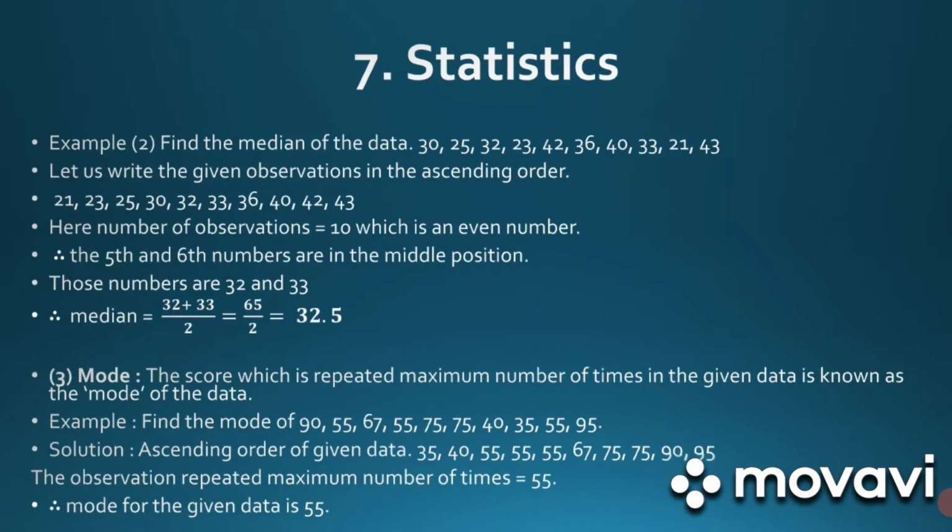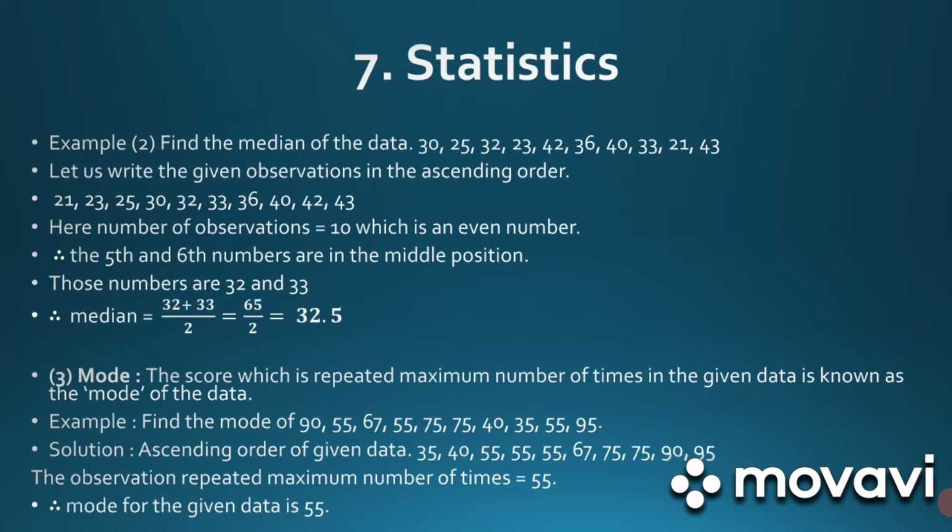Let us look at example 2. Find the median of the data 30, 25, 32, 23, 42, 36, 40, 33, 21 and 43. Let us write the given observations in the ascending order, which is 21, 23, 25, 30, 32, 33, 36, 40, 42 and 43.